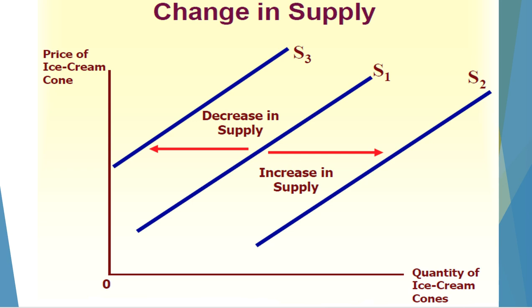The supply curve will shift to the right when the supply increases, so our number of supply increases. Say here the price is $3. Previously the seller could produce, say, 5. So when supply increases, here the seller can produce 8.